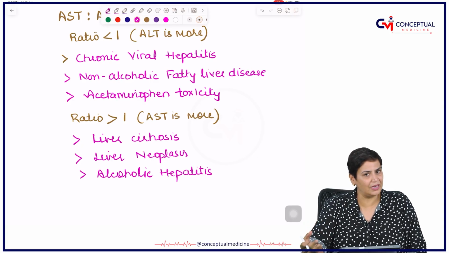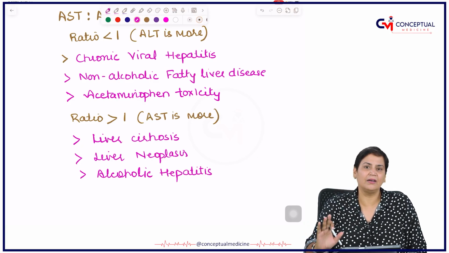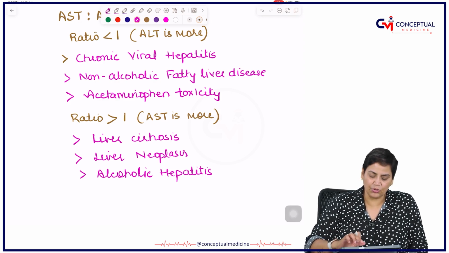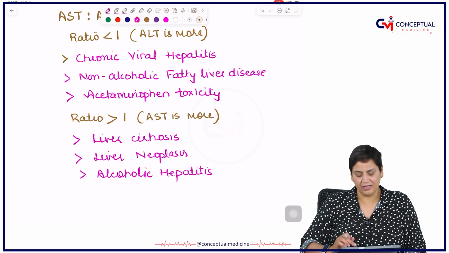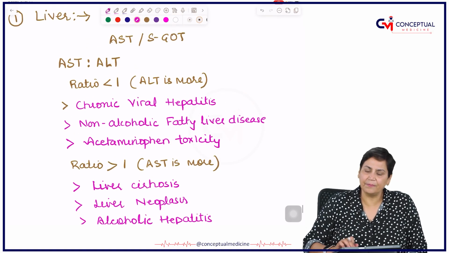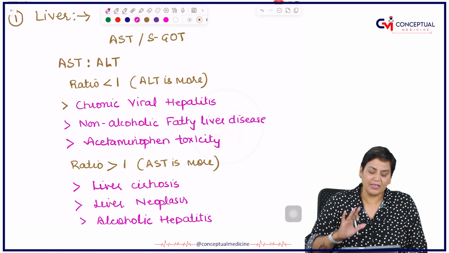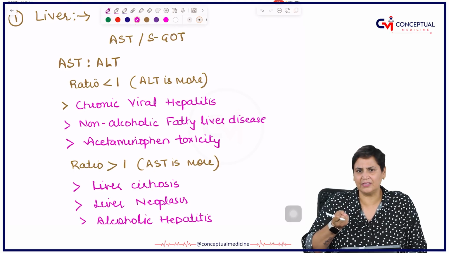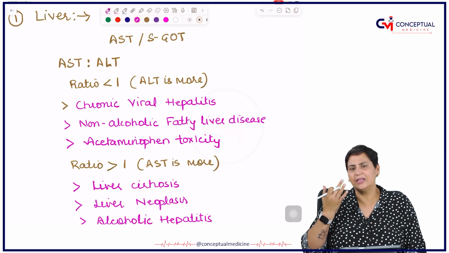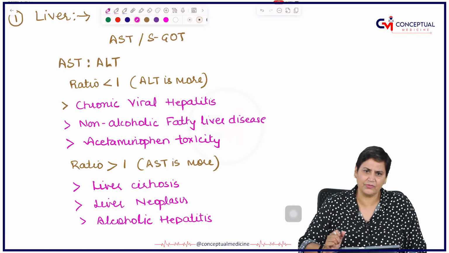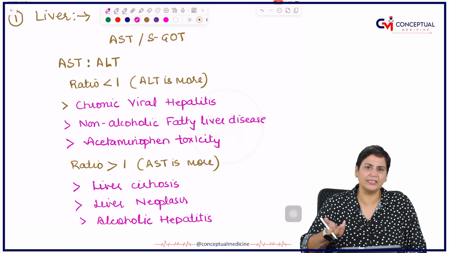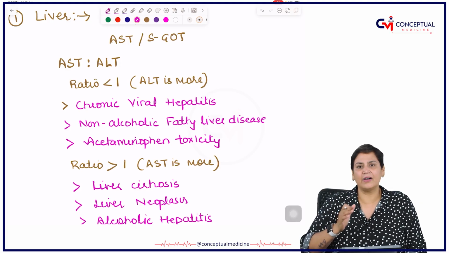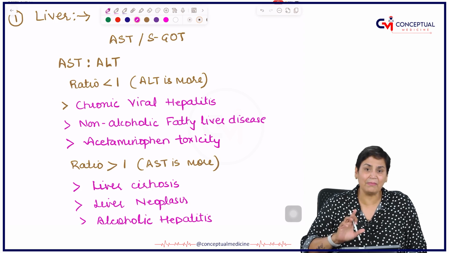Whenever there is any problem in the liver, transaminase enzymes are bound to rise. And these are the two very, very important transaminases, GOT and GPT. Commonly they are known as aspartate transaminase and alanine transaminase. There are other enzymes also, but these are considered the most specific enzymes. Otherwise, we know in hepatic cirrhosis there are so many other enzymes which will increase, because the liver, being the kitchen of the body, has most of the important enzymes which will rise when any malfunctioning of the liver is there. But we are focusing on the major ones.